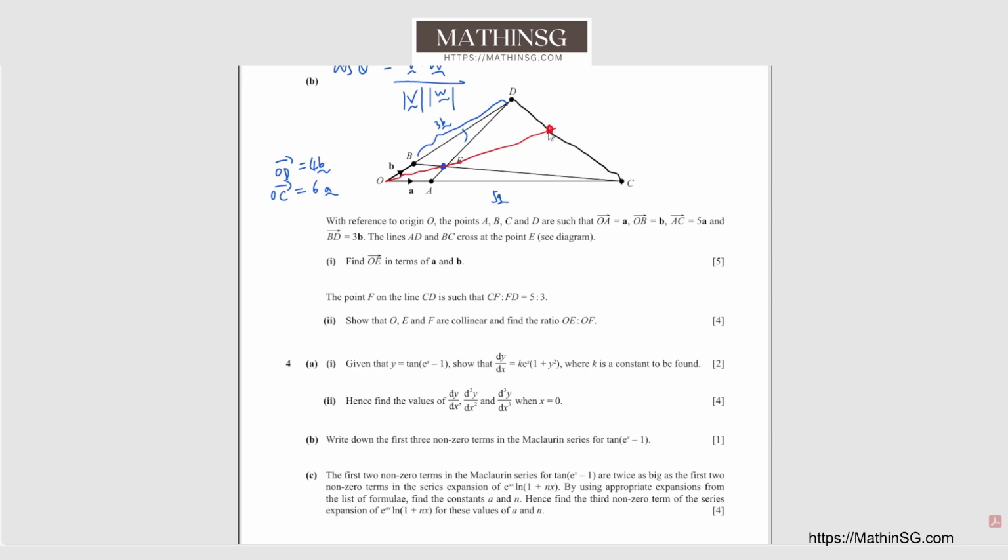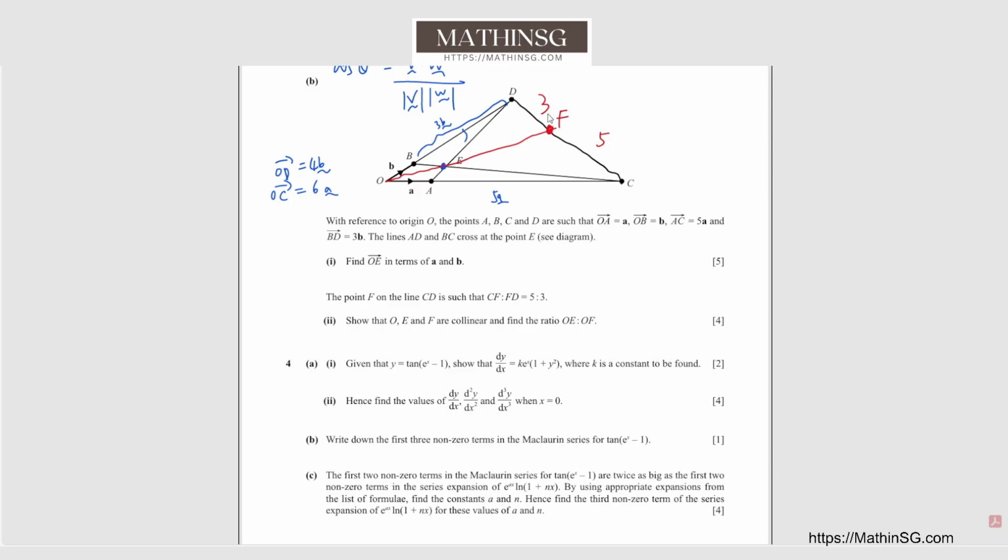So this is point F. I need to show that O, E and F are collinear, and I need to find the ratio of OE is to EF. And I also know that CF is to FD is 5 is to 3.